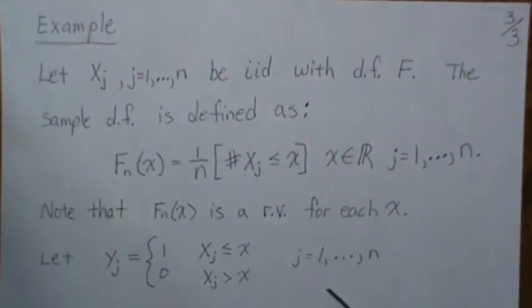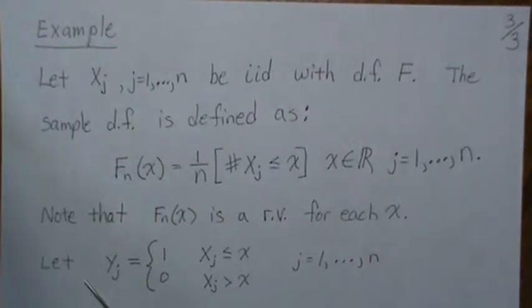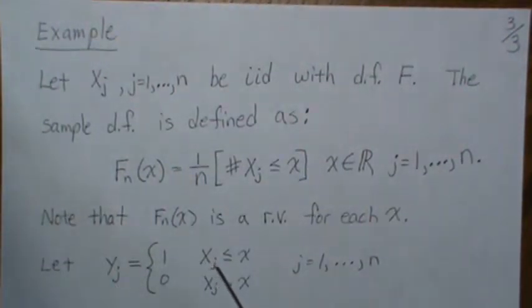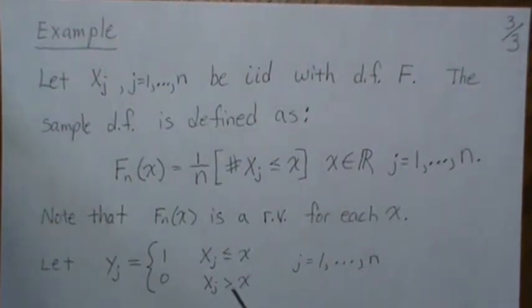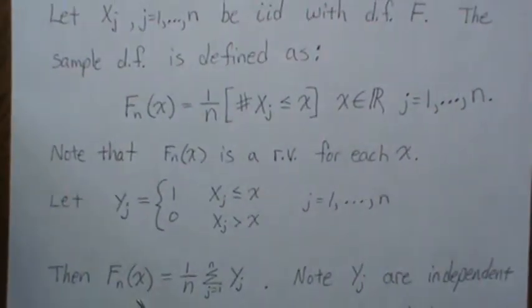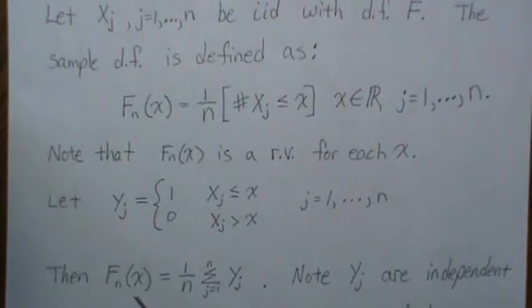Okay, so let's define another variable called y_j. It's an indicator variable, and it corresponds to each data point, x_j. If x_j is less than or equal to little x, then it's a 1, otherwise it's 0. The reason we're defining it this way is that you can define the sample distribution function in terms of these y's.